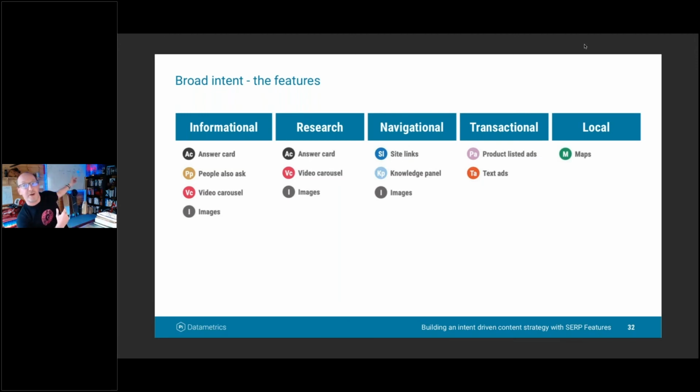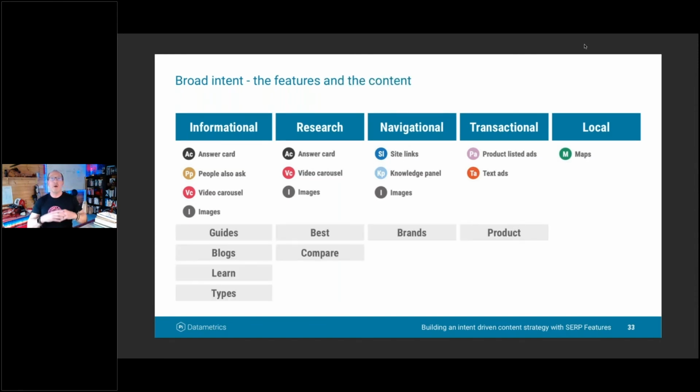And I've got a bunch of modifiers actually written over there on the board. So for example, with informational queries, we start to see people looking for guides, and we see content with guides returning, blogs, /learn, /type in the HTML title. So we're starting to see patterns emerging from the SERP landscape.